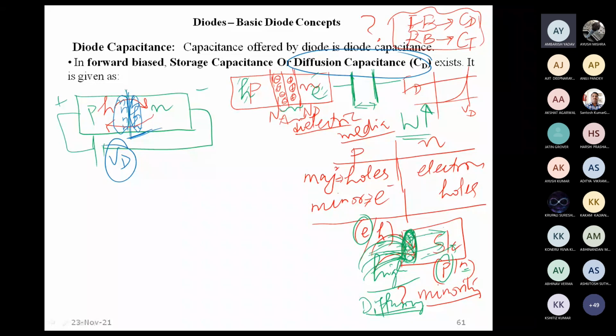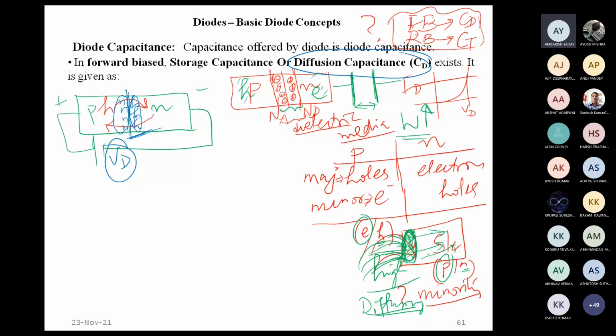So the capacitance in the reverse bias condition has a lower magnitude, whereas in the forward bias condition, the charge carriers across the junction are higher in number, and the corresponding change in this number is also large, so the capacitance, which we call diffusion capacitance, has a larger value.